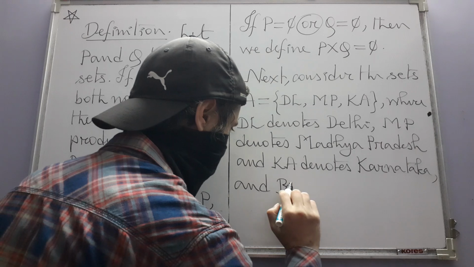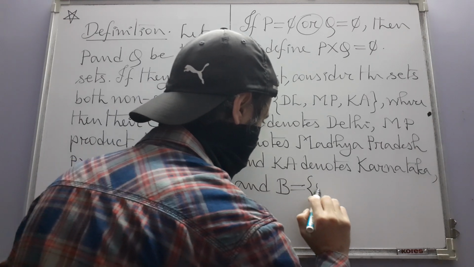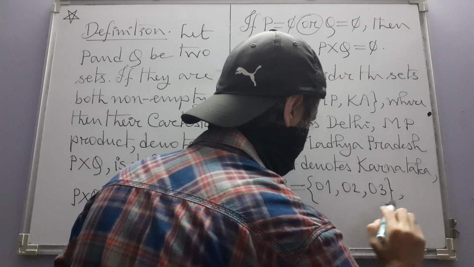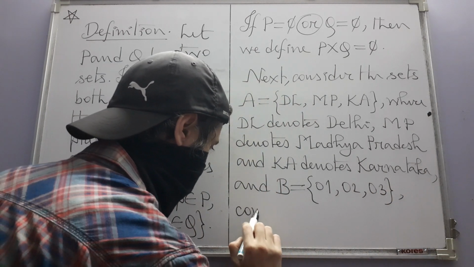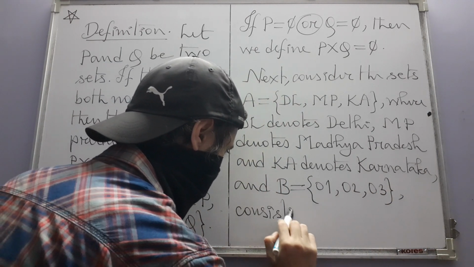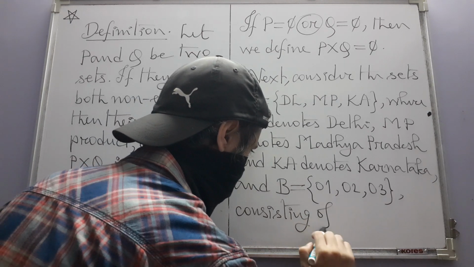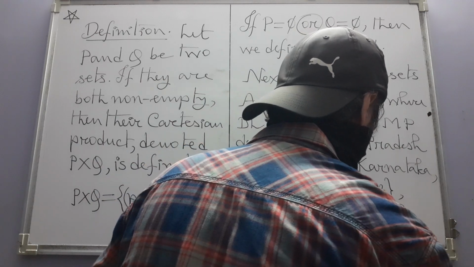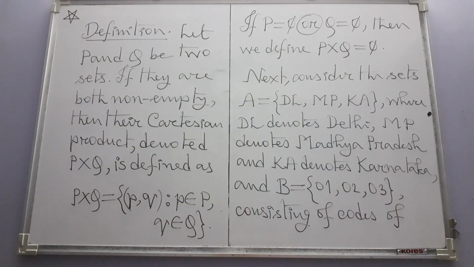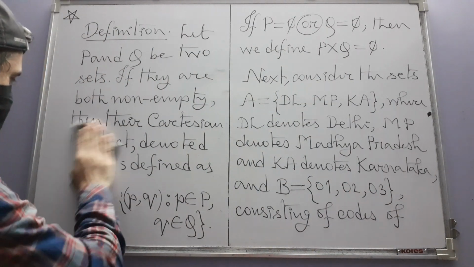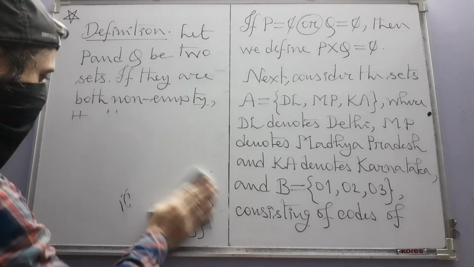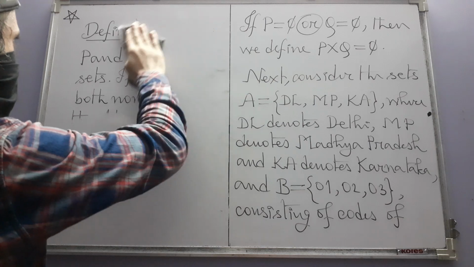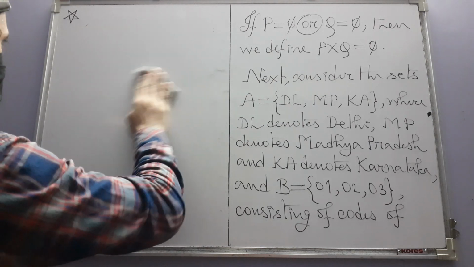B equal to 01, 02, 03, consisting of codes of licenses of vehicles issued by these places, Delhi, Madhya Pradesh and Karnataka.